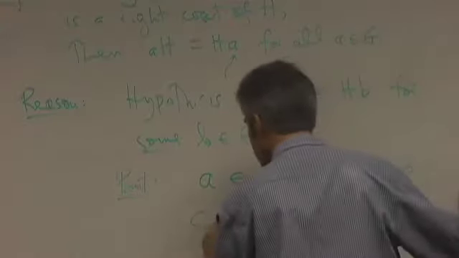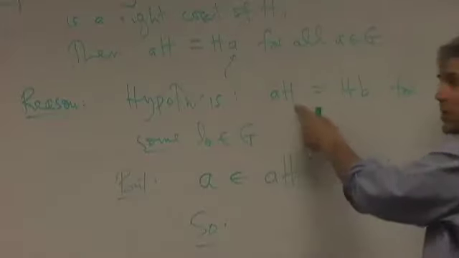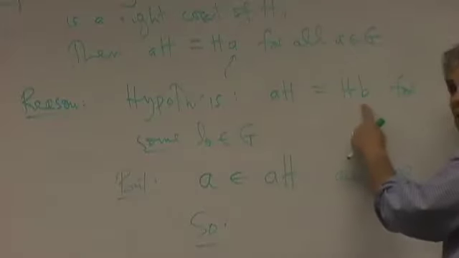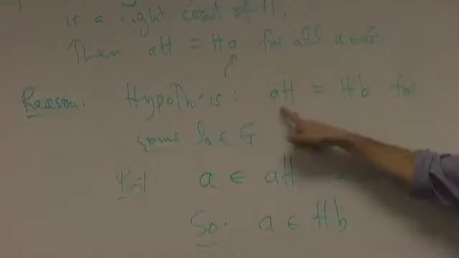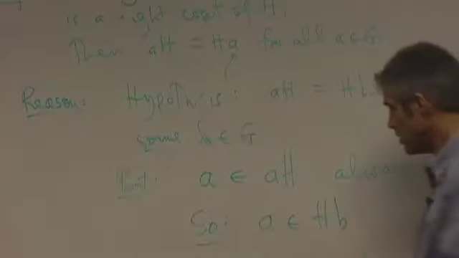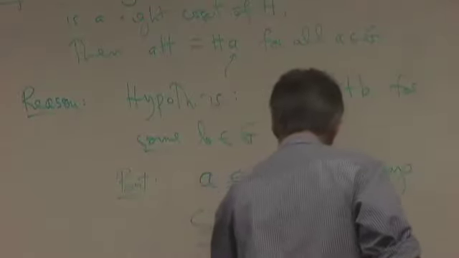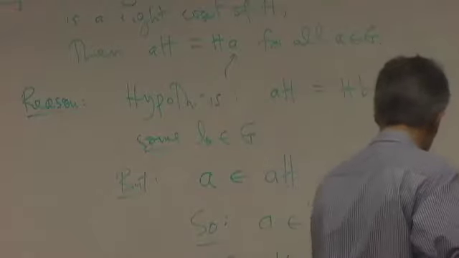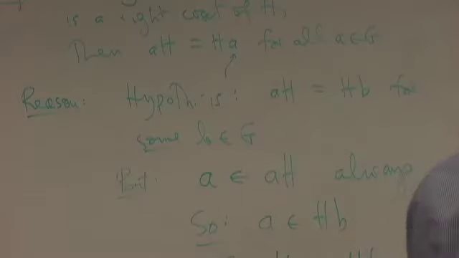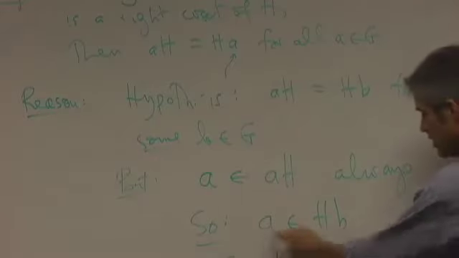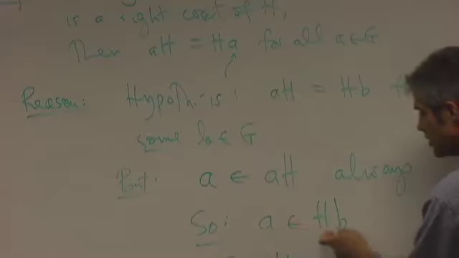So in this particular situation, if I've got an element in here, the hypothesis is that it equals this. So here, A is actually in HB, because these two sets are equal. And if it's in this set, then necessarily it's in that set. But now we're going to make a statement about right cosets. As soon as you have an element in the right coset, so HA equals HB, by previous work that we did on cosets, if you have an element that lives inside a coset, then the two cosets have to be equal.